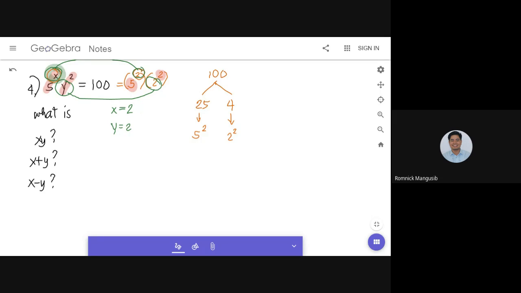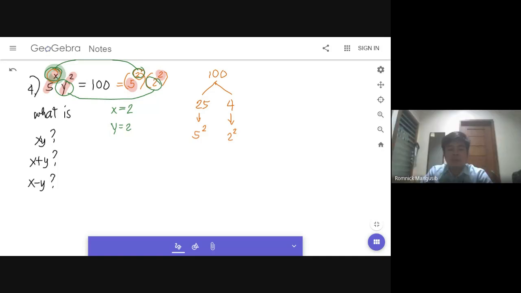Ay, wait. Parang nagkamali ako dito. Wait lang. Parang I think there's an error. Tama pala. No? So 100 is divisible by 25, and the quotient is 4. Okay?